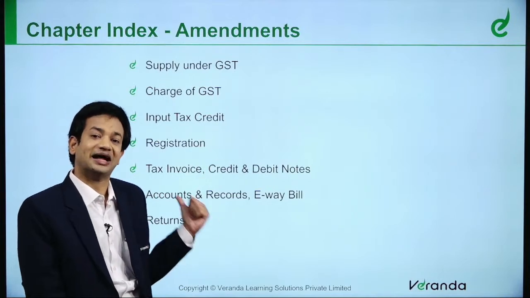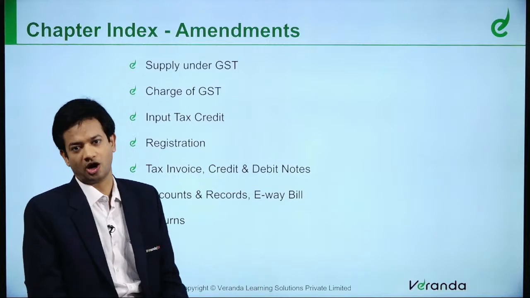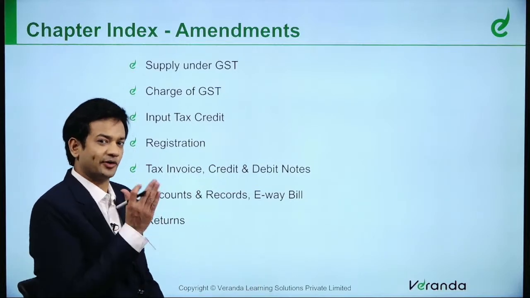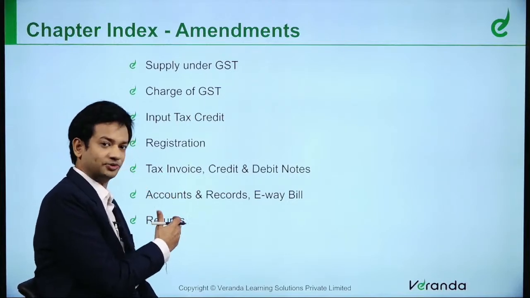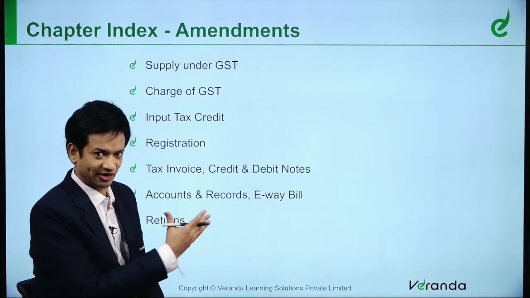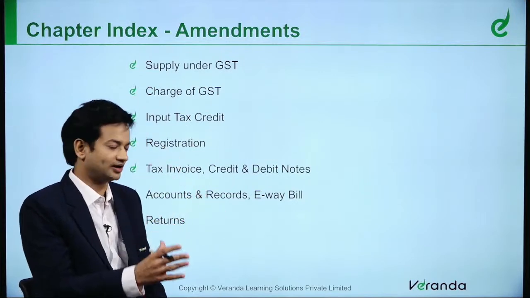That scheme is a very detailed scheme, and you can definitely expect a question in your upcoming exams. We are going to discuss that scheme in detail in this returns chapter. Again, it's a very lengthy chapter from the amendments perspective, because the entire scheme will be discussed in detail.